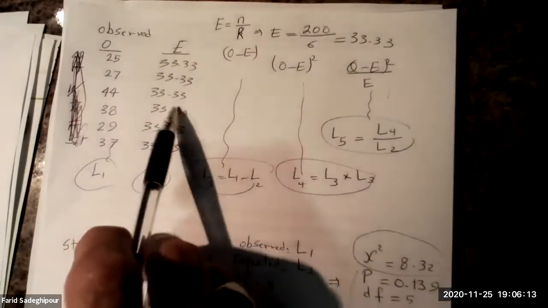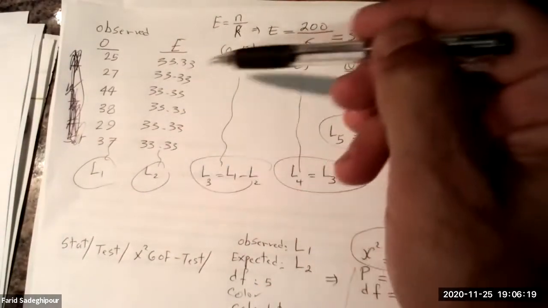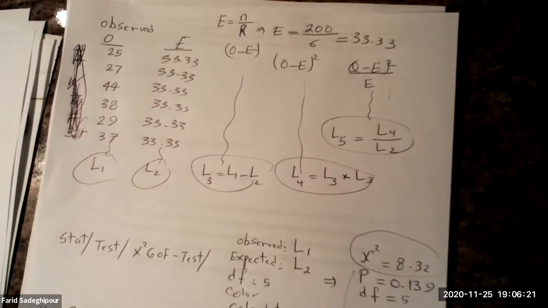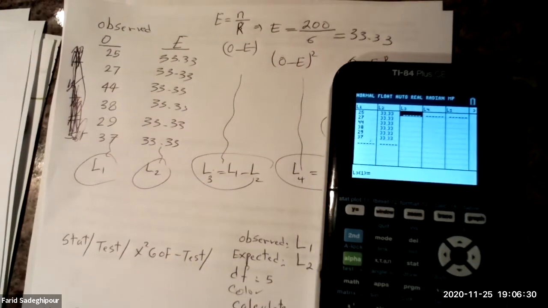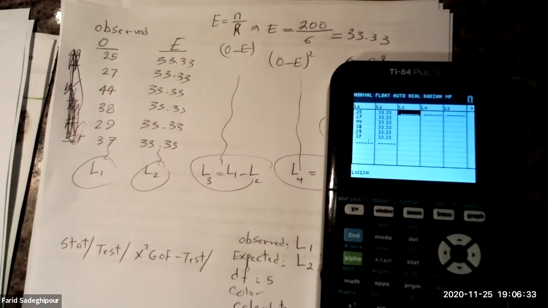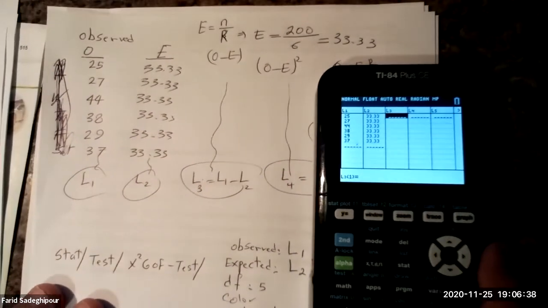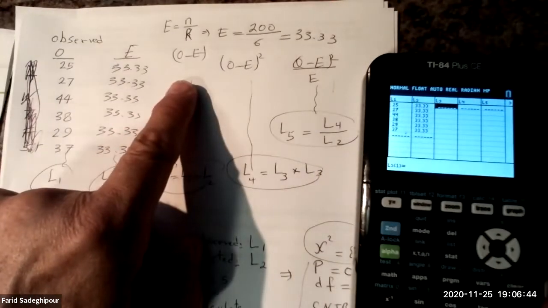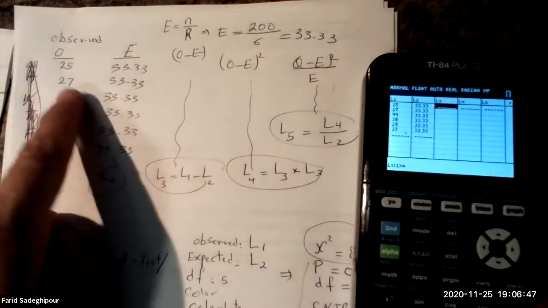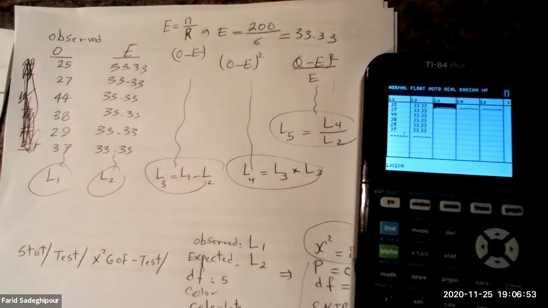So what you could do, if you want to use the calculator, let's say they ask you to find all these numbers. In your calculator, you put these numbers in L1, these numbers in L2, and then you have to subtract. See here, I'll put the numbers here. Now, if I actually want to fill in the information here, in this one it said O minus E, which means you take the numbers and subtract. So it would be 25 minus 33.33.